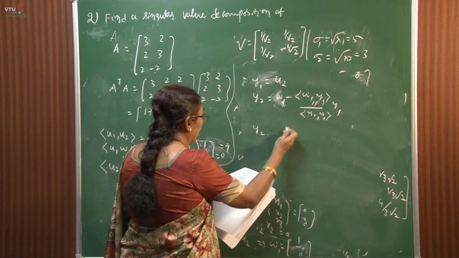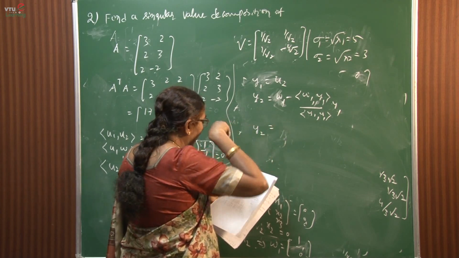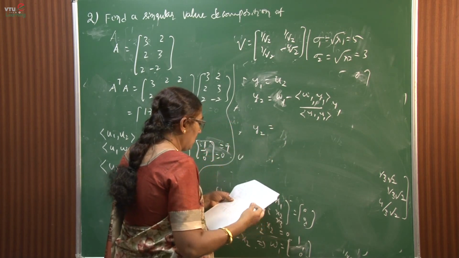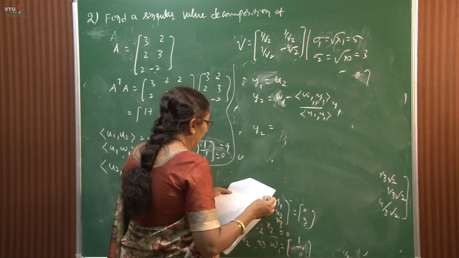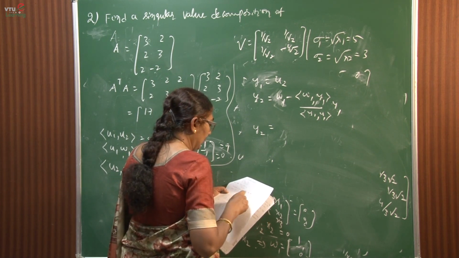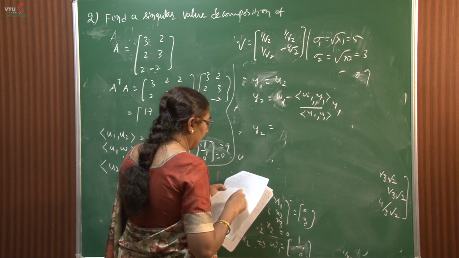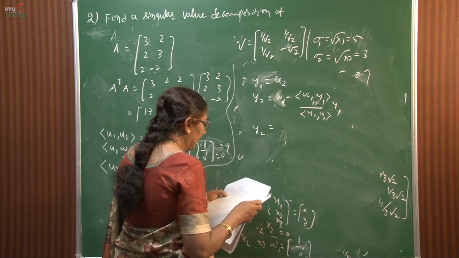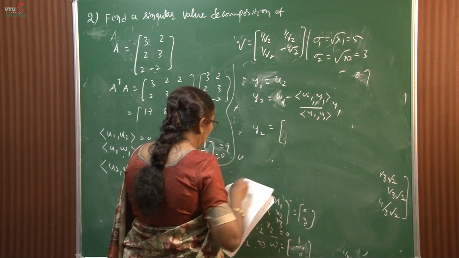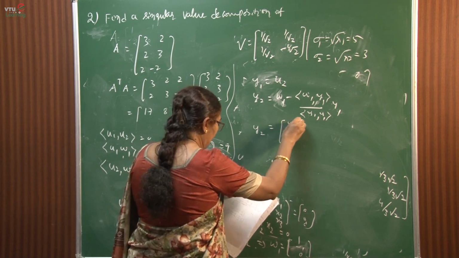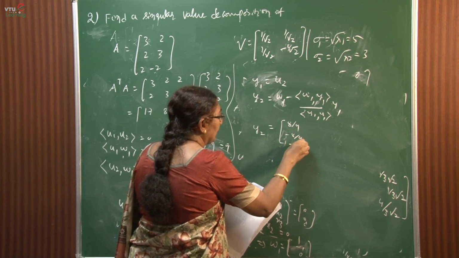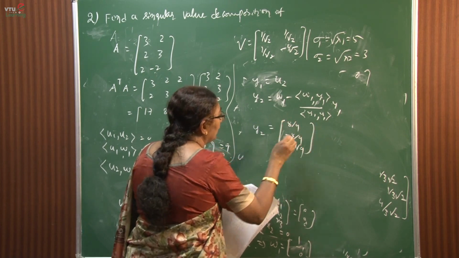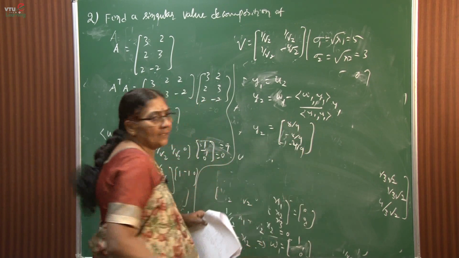I am going to write it on the board: after substituting and simplifying, we get 8 by 9, minus 8 by 9, minus 4 by 9. You do the calculation and we get this.